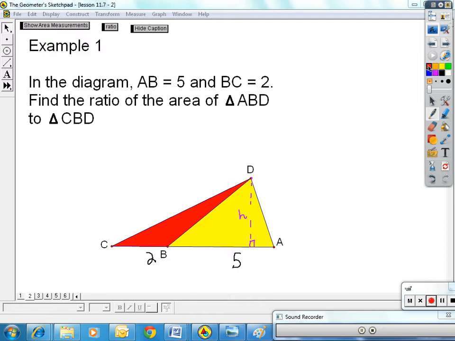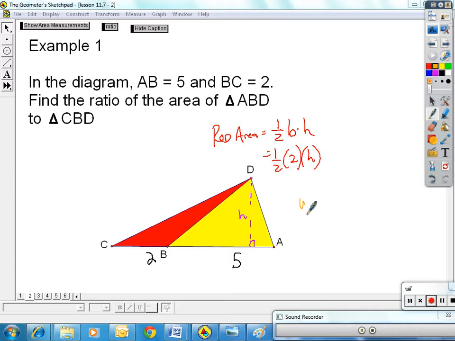So let's do the red area. Red area, since it's a triangle, is 1/2 base times height. The base is 2 units and the height is h. I don't know what the height is, but we'll call it h.